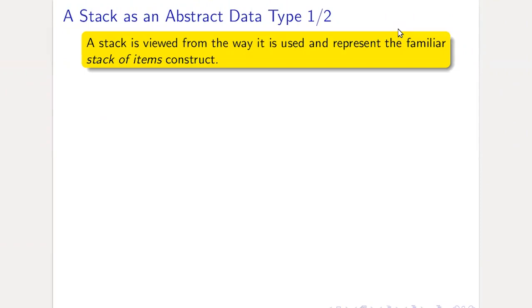So first of all, I would like to remind you that when we talk about abstract data types or abstract data structures, we consider a data structure in terms of how we use it conceptually. So a stack is a familiar thing for us, where we have a stack of things.